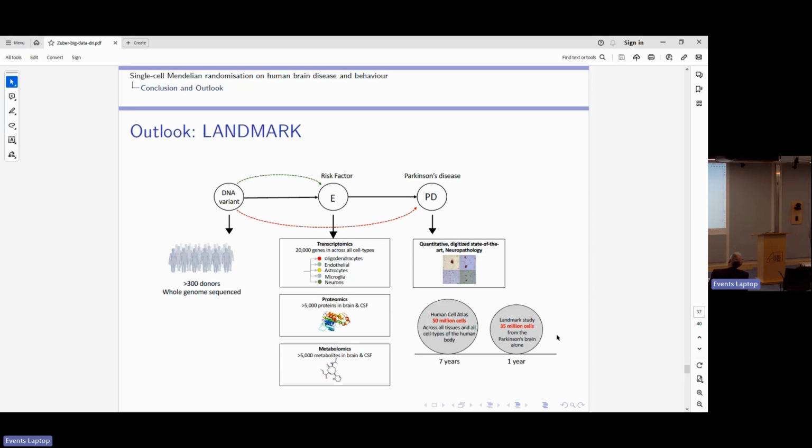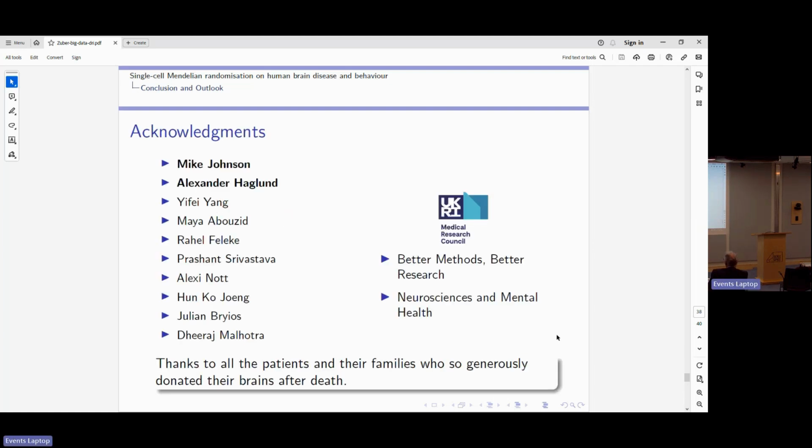The aim of the study is to look at 35 million cells, in contrast to the Human Cell Atlas, which needed 7 years to create 50 million cells. So this is really trying to zoom in and understand how the disease develops using different multi-omics platforms, looking at cell type resolution. This is led by Professor Mike Johnson.